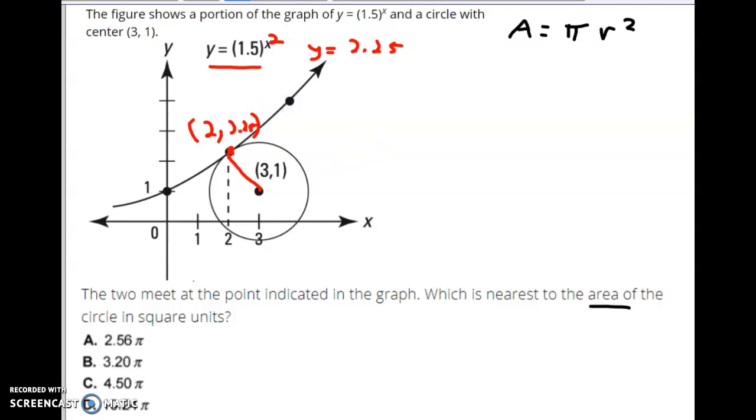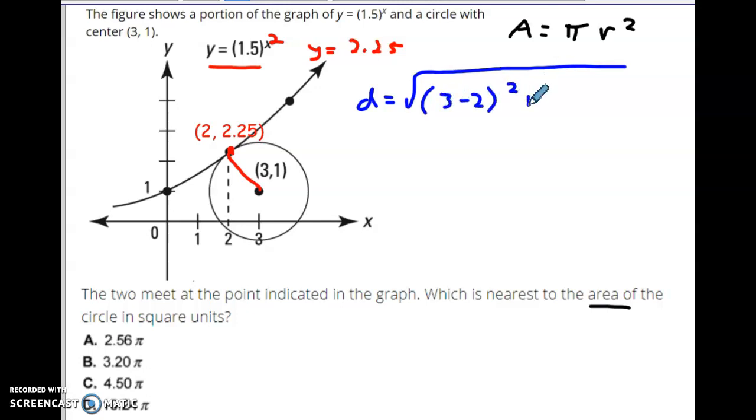Okay, so sorry that didn't show up super good there. Now to find the distance, I'm going to use the same formula as the last one. So it's going to be subtracting the x coordinates, so it's 3 minus 2 squared, plus subtracting the y coordinates, so it'd be 2.25 minus 1 squared. And again, you can do them in any order, it won't really matter.